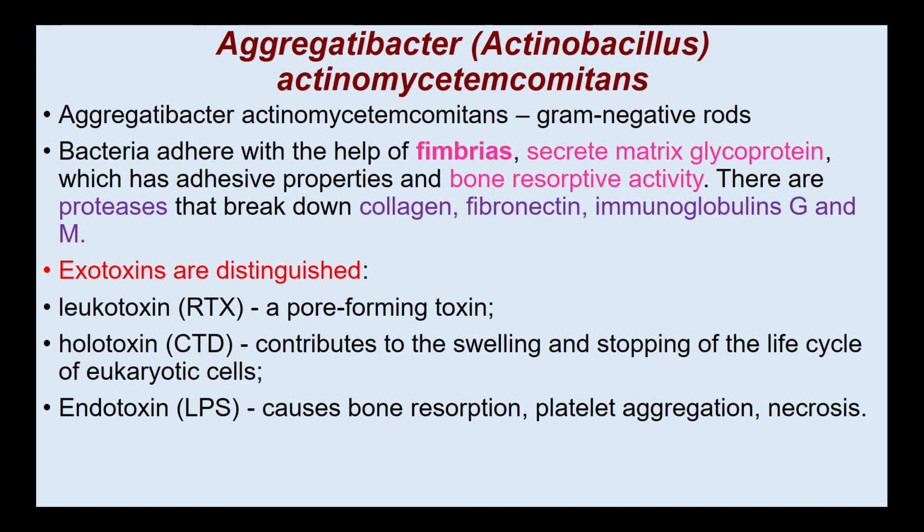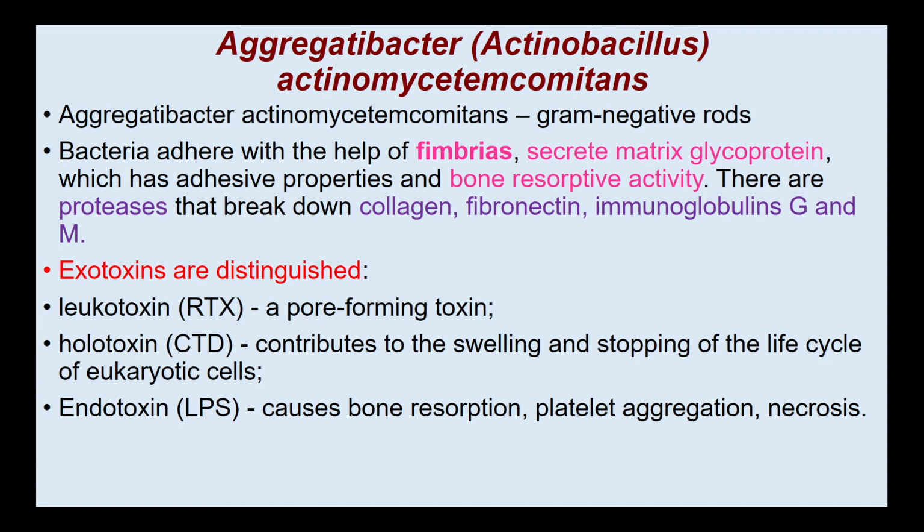Also, the bacteria produce protease which breaks down collagen, fibronectins, immunoglobulin G and M. As a result, it destroys immune mechanisms, and it gives the ability to continuously multiply. Bacteria produce exotoxins.